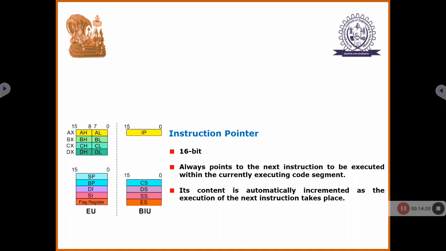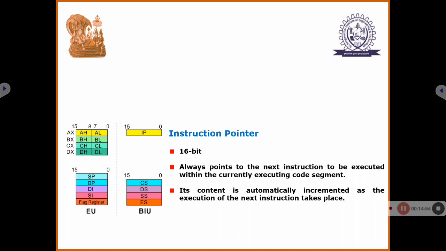Suppose, for example, it is branching to some other instructions. The main program has a next instruction address, which should be stored, and the stack pointer holds that address, because the main program has a subprogram also. The branching instruction now branches to the subprogram. The return statement is in the subprogram.